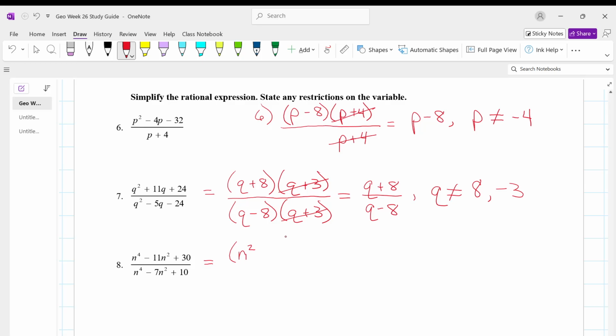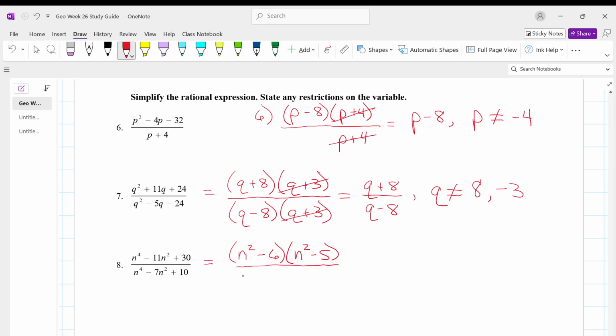Negative 6 and negative 5. So n squared minus 6 times n squared minus 5. Negative 6 plus negative 5 is negative 11, and negative 6 times negative 5 is positive 30.